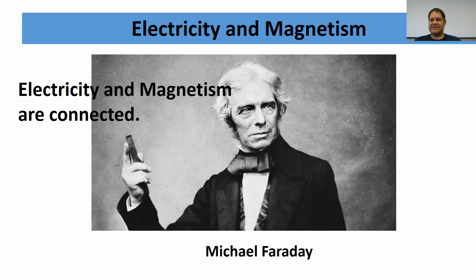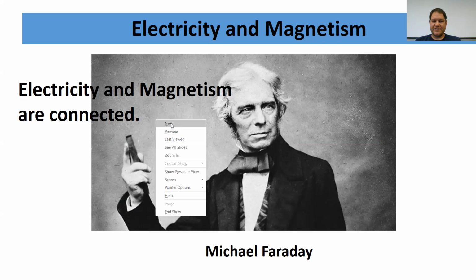Michael Faraday is going to make an even bigger claim, and he's going to say that really this connectivity of electricity and magnetism is light. So in other words, a combination of both of these forces generates what we now know as light, okay? But he couldn't really prove it.